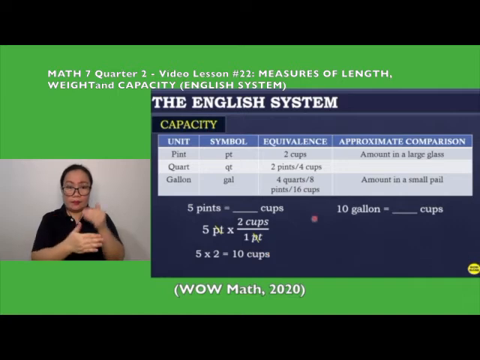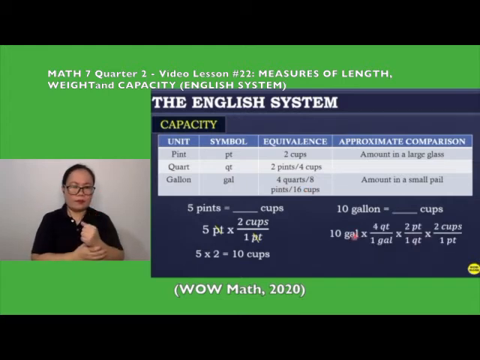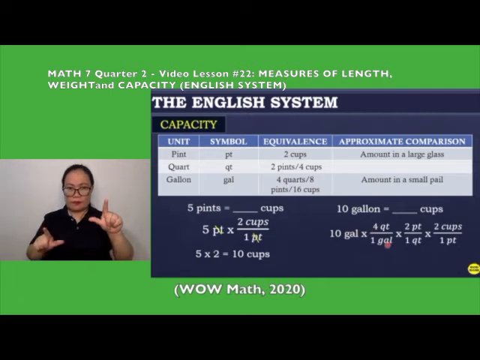Next, I have 10 gallons. Okay, so how many cups? So, gallon and cups naman. Okay, so meron tayo ditong cups. So, ibig sabihin, itong gallon mo, kailangan pareho siya doon. Now, for 1 gallon, that is equivalent to 4 quarts.